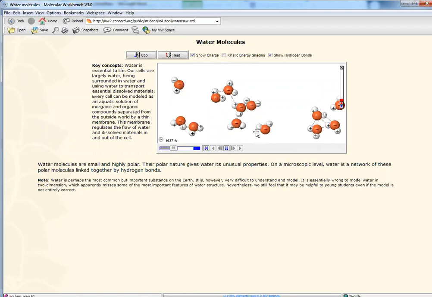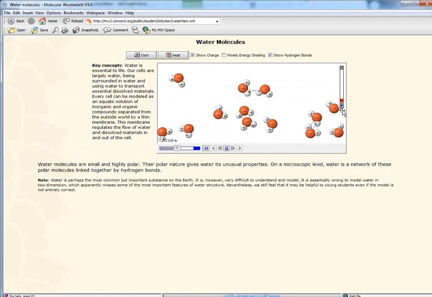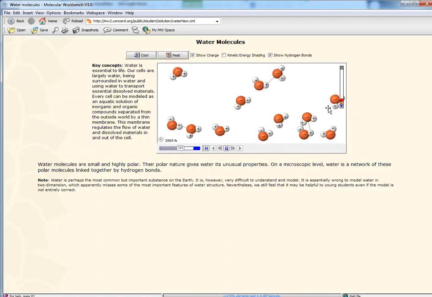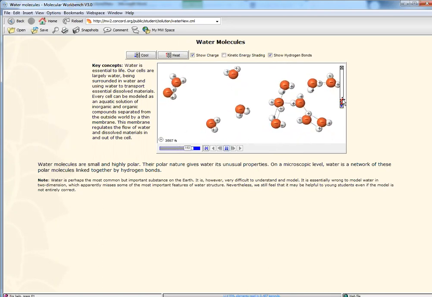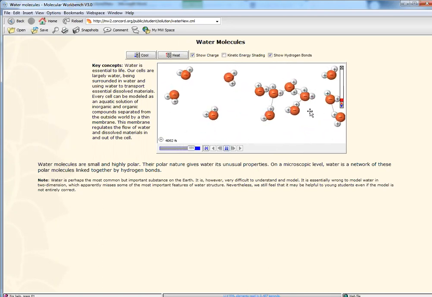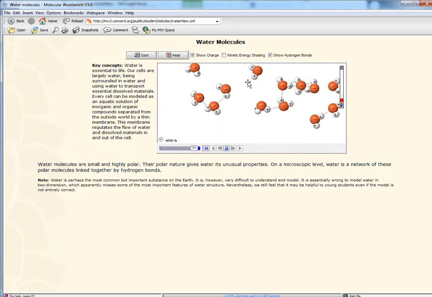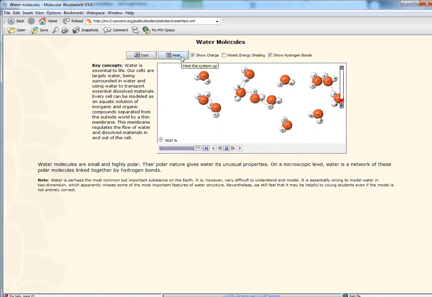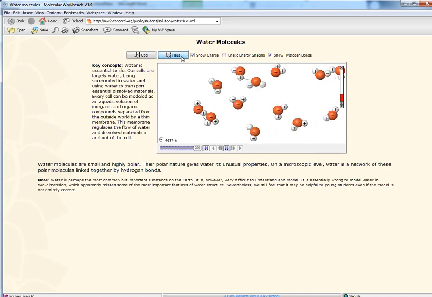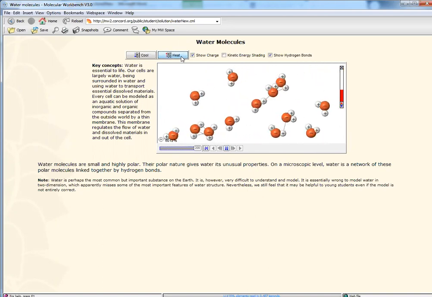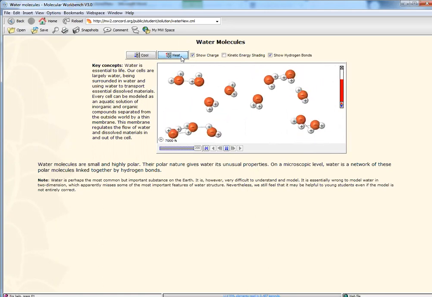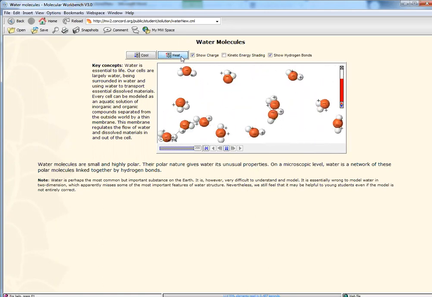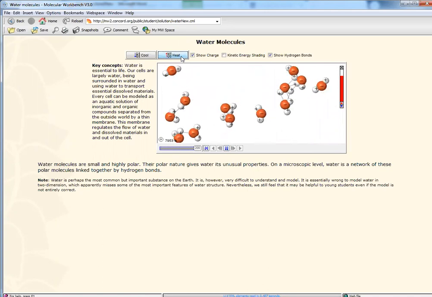So when it's at low temperature, they're not moving as fast. The temperature gauge, or the thermometer, is here. But we can actually increase the temperature. Once we increase the temperature, they start moving faster because you're introducing more kinetic energy.